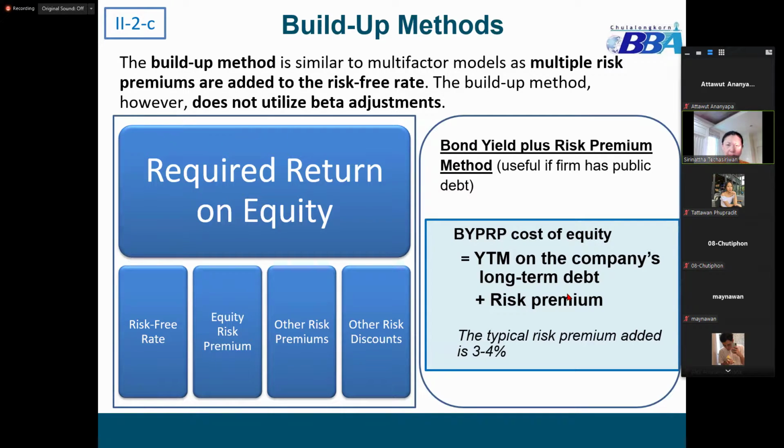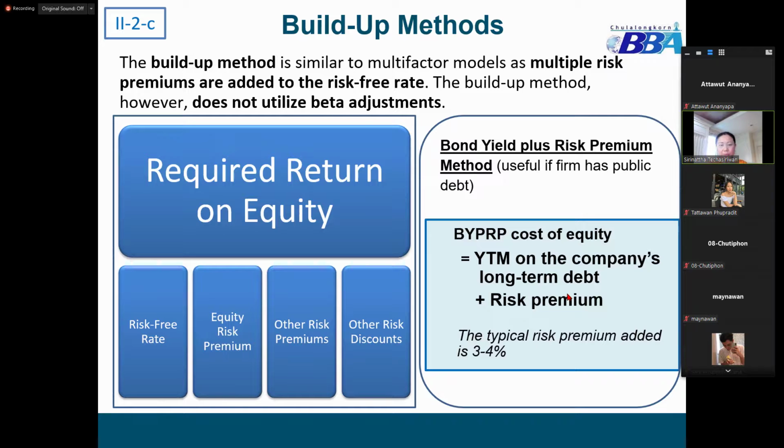So this model is also justified, especially for a private company, where it might be complicated, or if you cannot find a comparable firm to estimate beta through the unlevered beta approach.